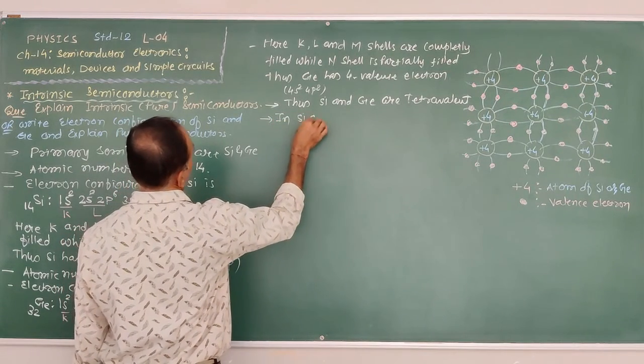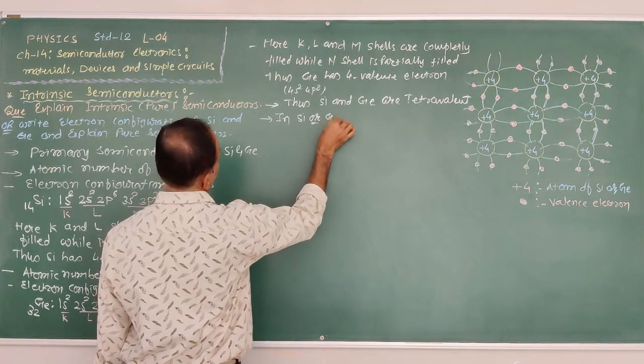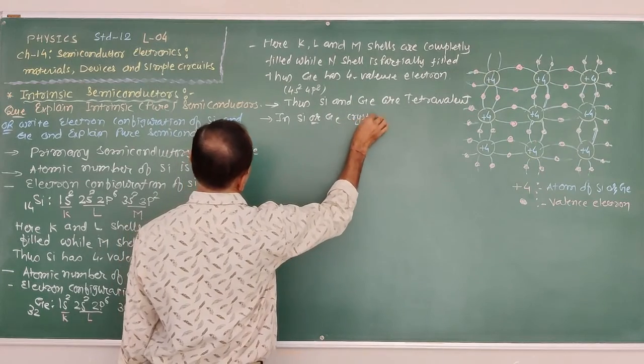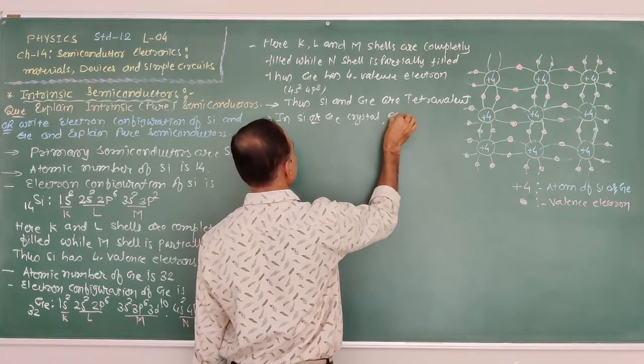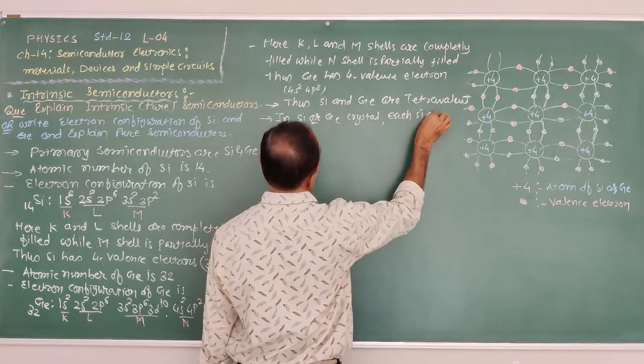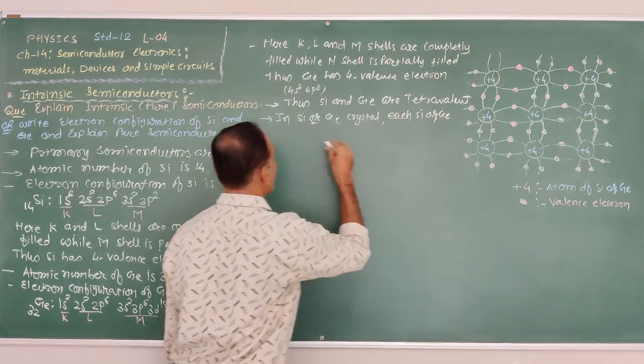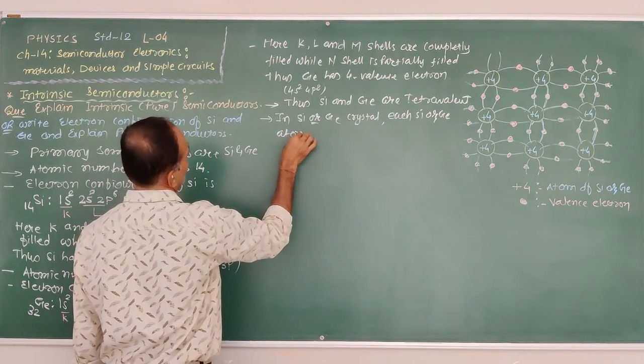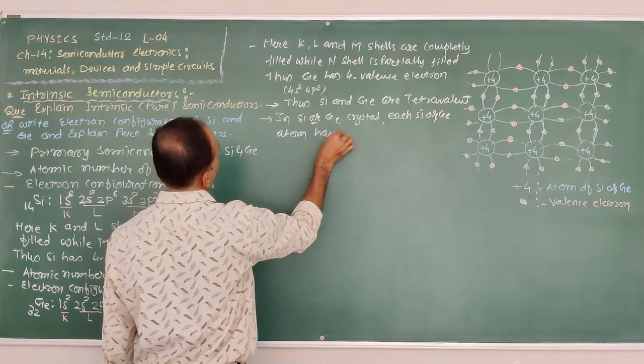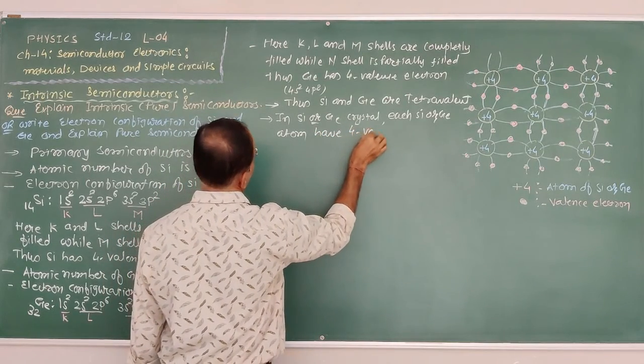In a silicon or germanium crystal, each silicon or germanium atom has 4 valence electrons.